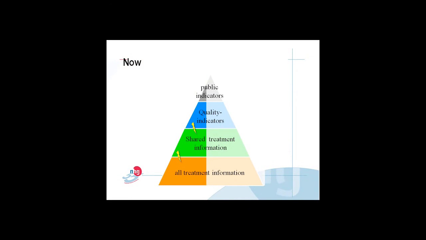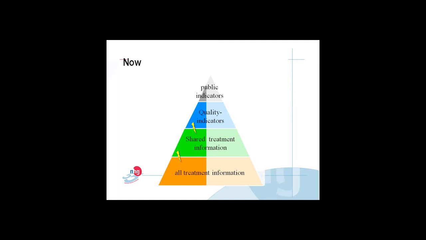So what we have now, if you look at the information, is a sort of selection. If you look at all the treatment information, it is the most information that we have. Part of it is the shared treatment information. Part of it is the quality indicators, and then part of that is the public indicators, I would say.